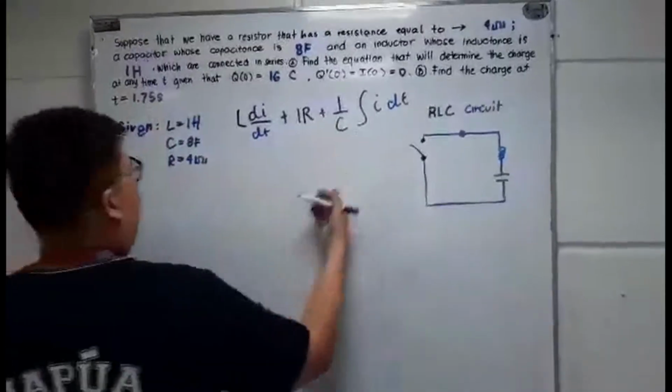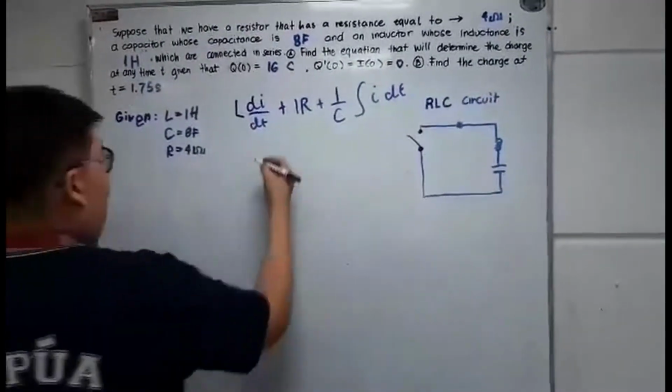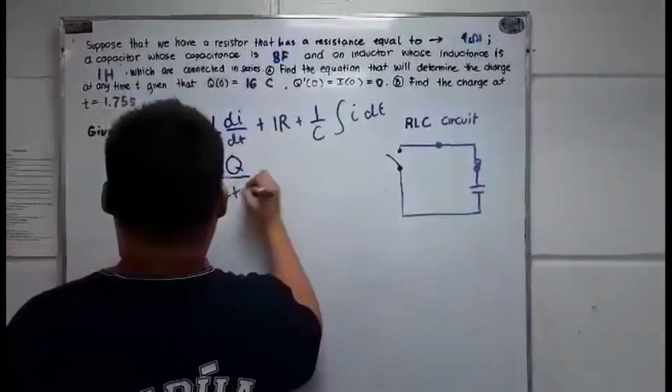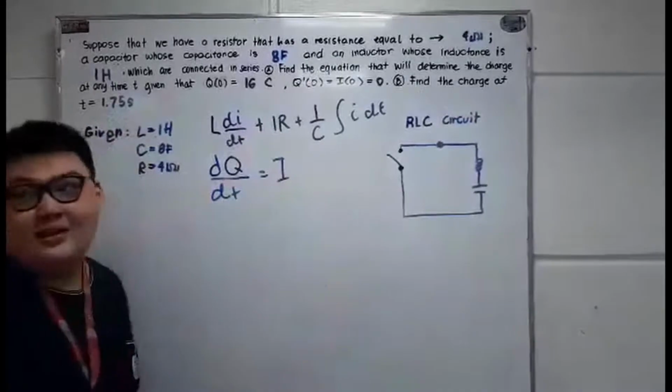From this equation, we can rewrite it in terms of charge because we know from our physics that the rate of change of charge with respect to time is equal to current.